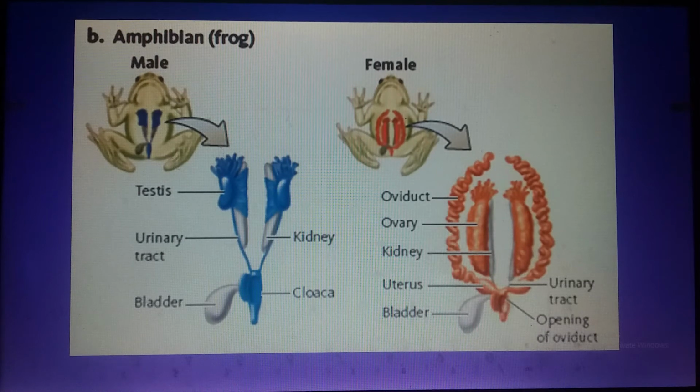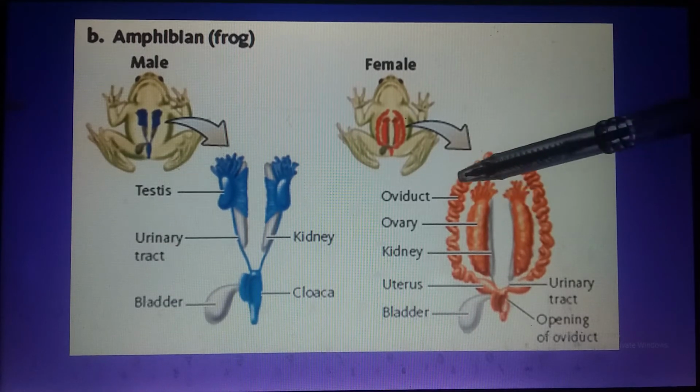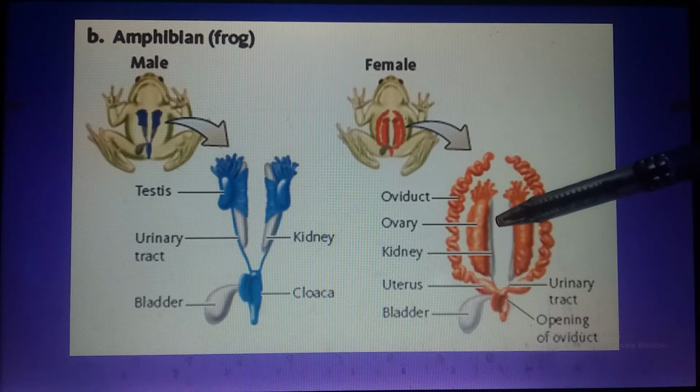Okay. Now you can see here the testes as well as the ovaries. Testes are present in the male, ovaries in the female. In the female you can see the ovaries, and from the ovaries the oviduct arises.